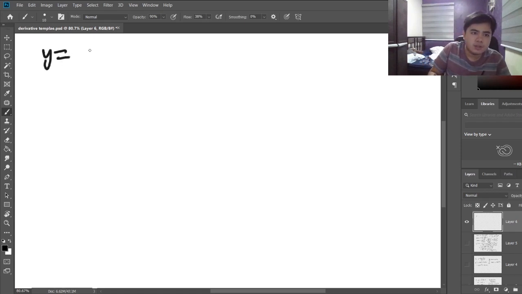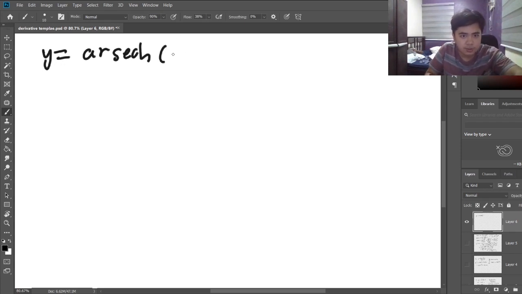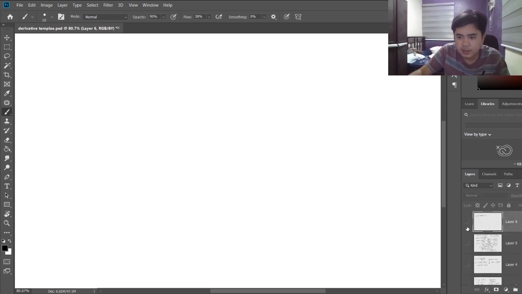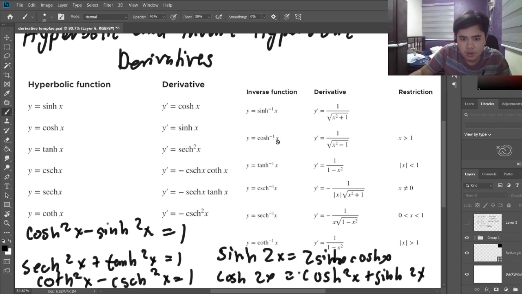y is equal to the inverse hyperbolic secant of x squared. Let's look at the list yet again to find out what we need to do. For inverse hyperbolic secant, the derivative is negative 1 over x square root of 1 minus x squared.